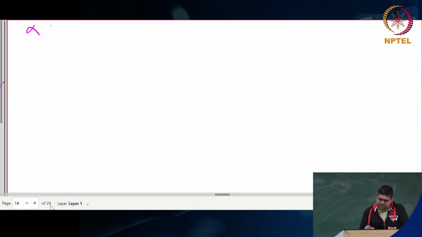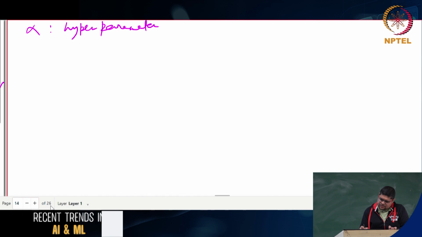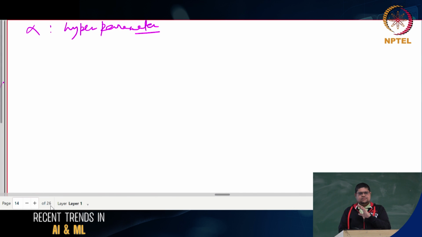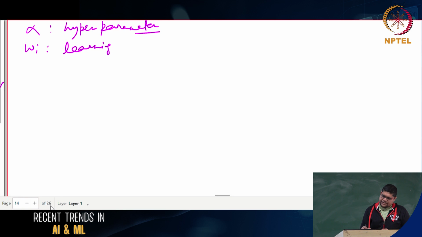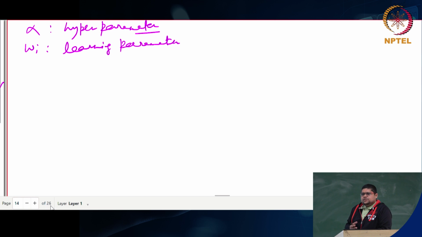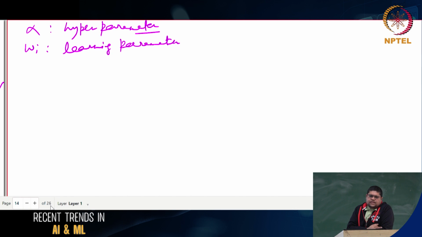Alpha is your hyperparameter that you are not learning. You are giving it explicitly to the system. But this Wi is the learning parameters that you are actually learning. Understood the difference between learning parameter and hyperparameter? Hyperparameters we have to tune from our own experience or experimental setup, so we give the hyperparameters, but the learning parameters the system learns by itself.